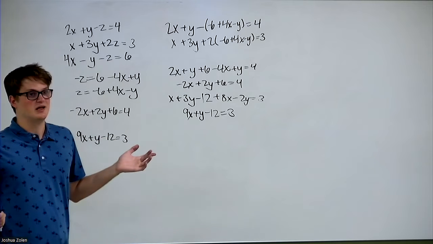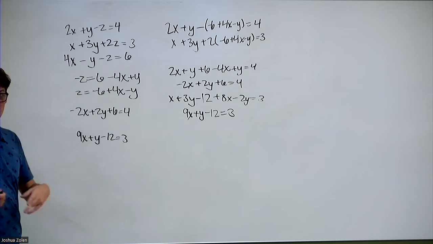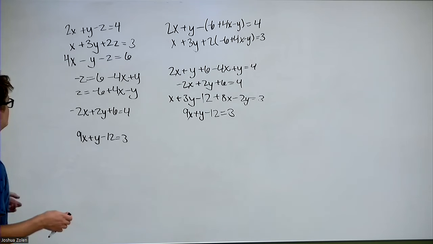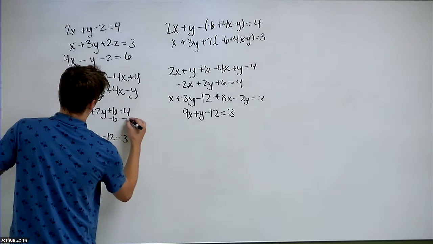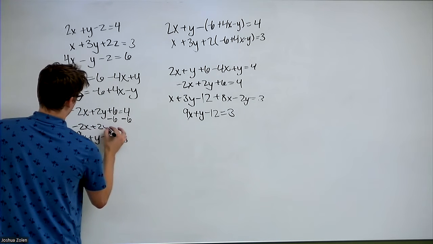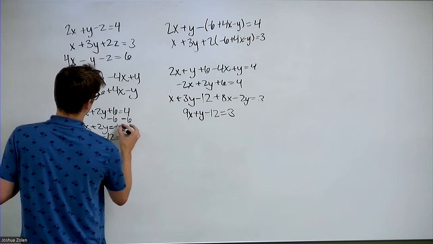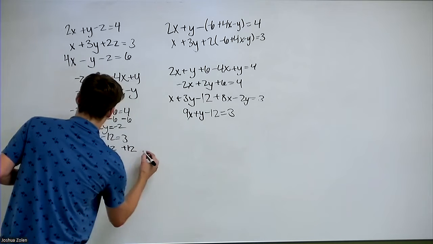So we're just going to proceed like this is any normal two variable system. And to start, let's combine like terms across the equal sign as well. So we're going to subtract 6 from both sides. That'll give us -2x plus 2y, and then 4 minus 6 is -2. Let's add 12 to both sides.